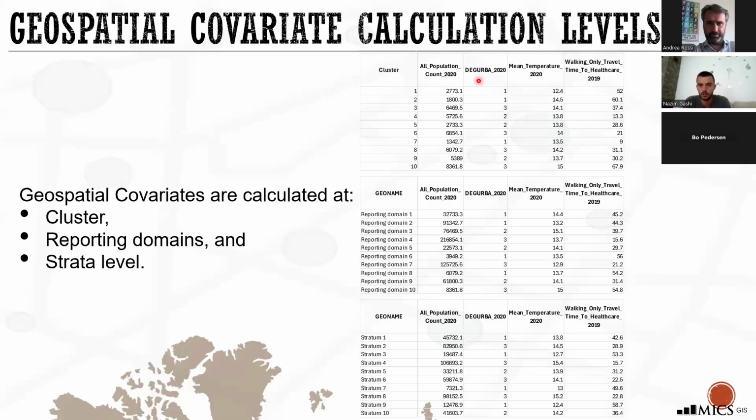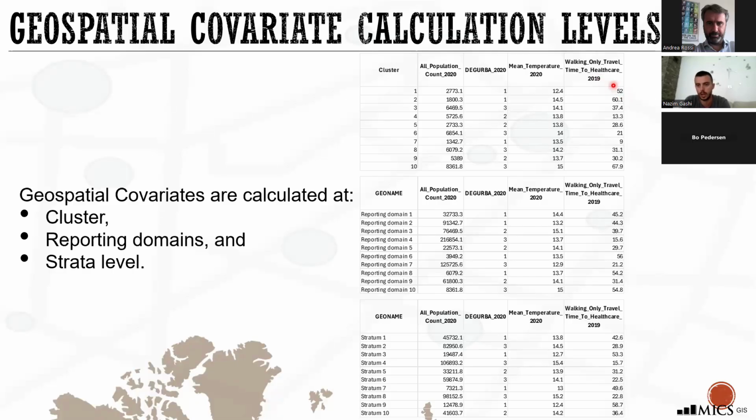And then we have the variable here, which is degree of urbanization. So we are classifying each MICS cluster by urban type, urban degree. And then here is the mean temperature for that specific year in degrees Celsius, and the walking travel time to the nearest healthcare facility for this specific year, which is 2019.